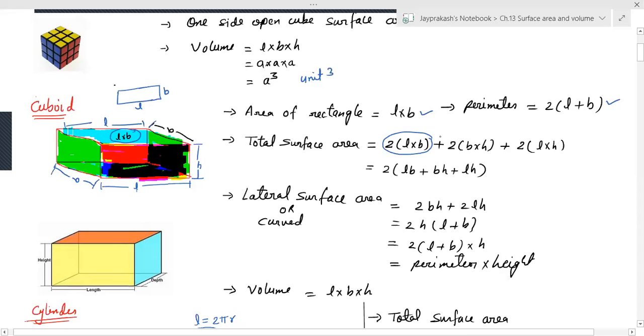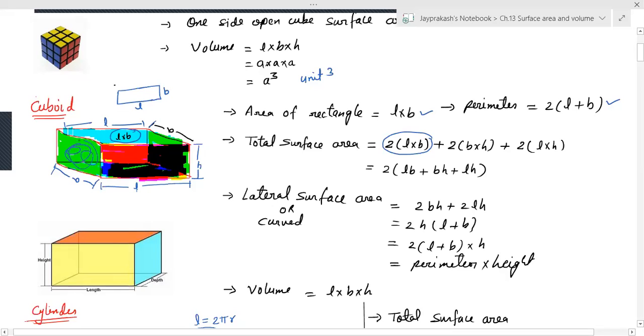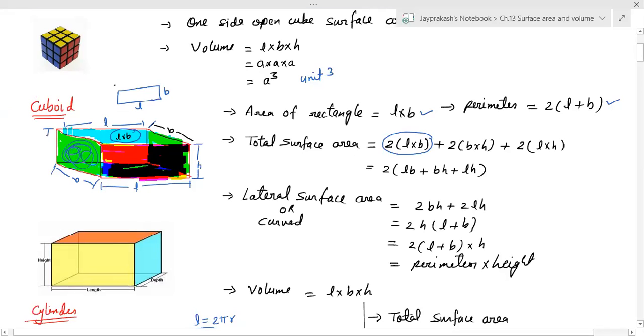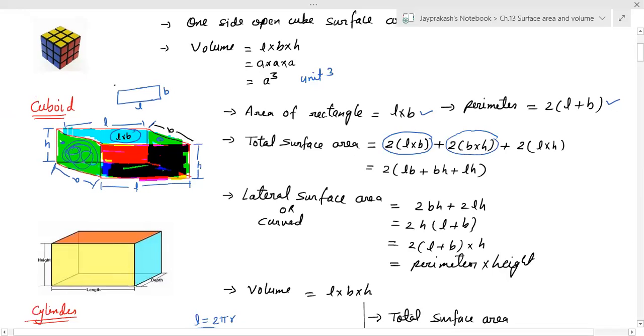Now if we talk about the side view, side view means this one. It involves height and this is the base. So again we can use twice B into H, because this face and this face, these two faces, have the same area.